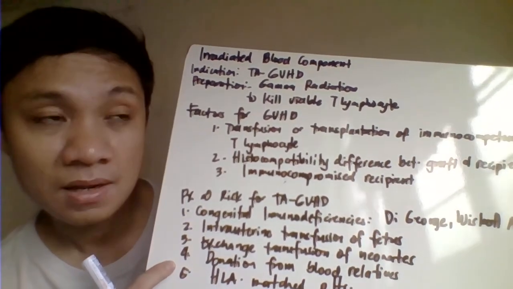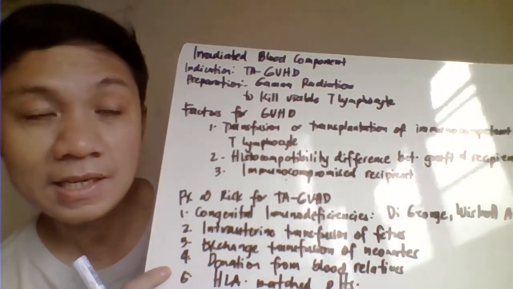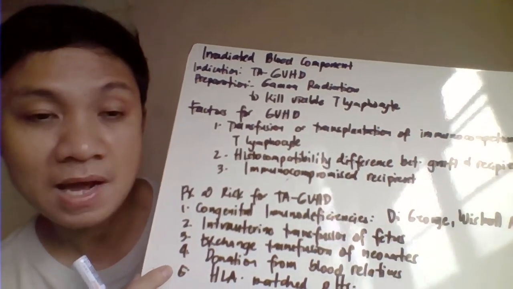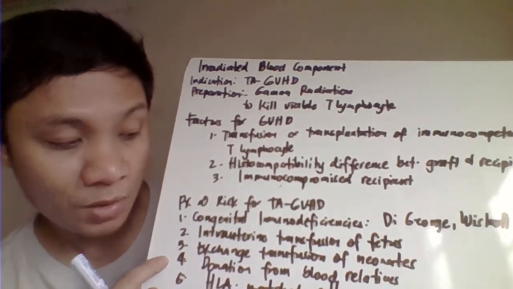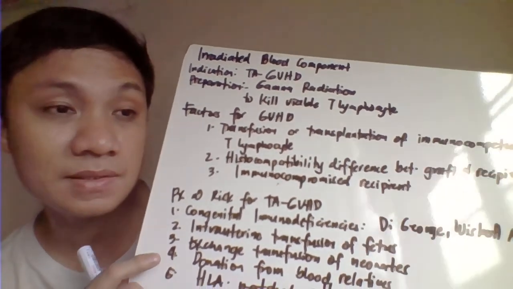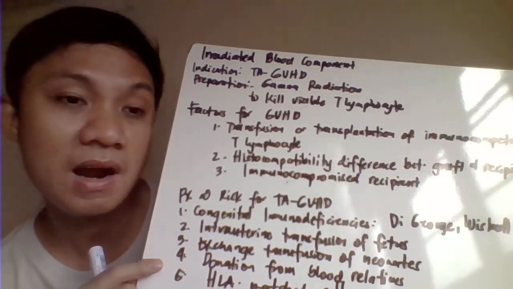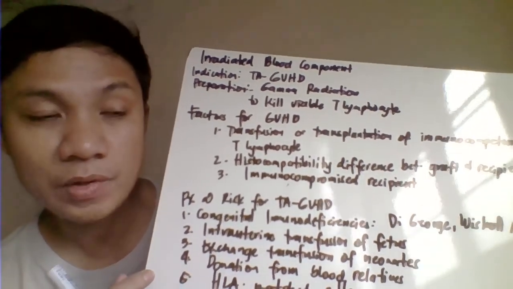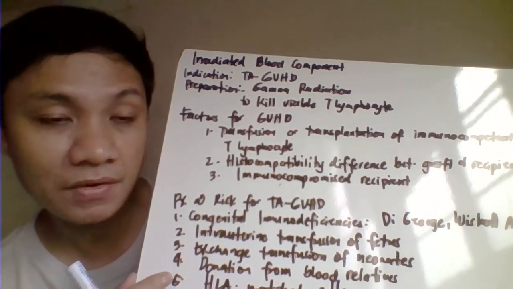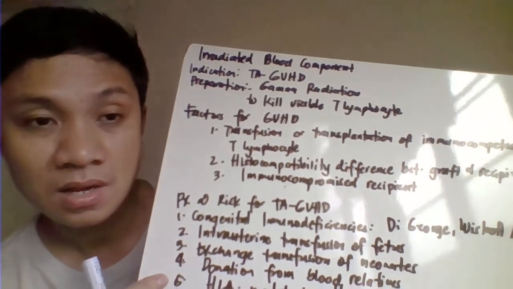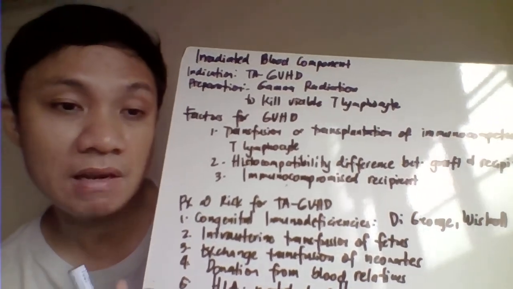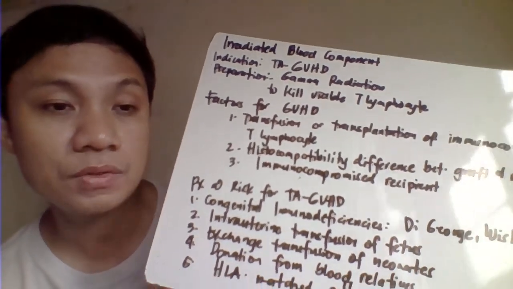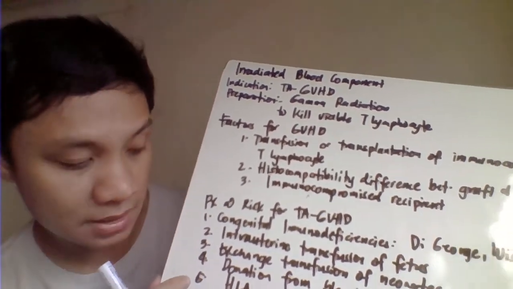But here, it cannot recognize the transfused blood as foreign because half of his haplotype is the same as the donor's, since they are blood relatives. So what will it do? It will just let the immunocompetent T lymphocytes proliferate in his circulation. And once there are many immunocompetent T lymphocytes in his circulation, they will destroy his own tissues or his own RBCs.